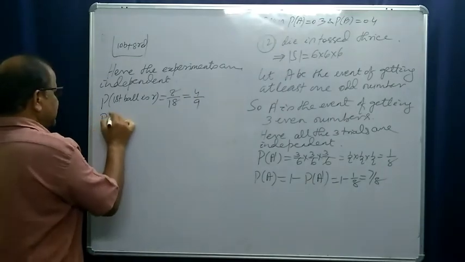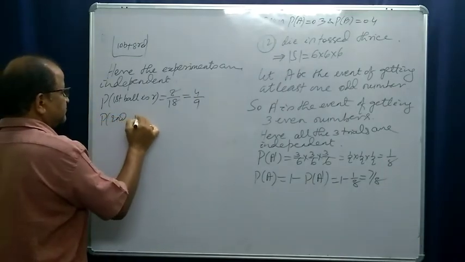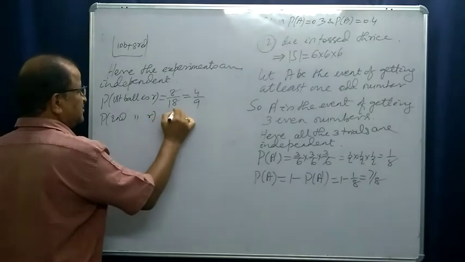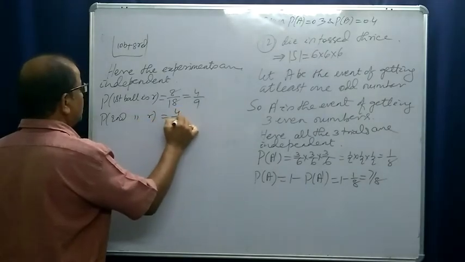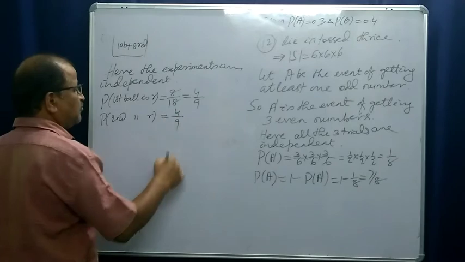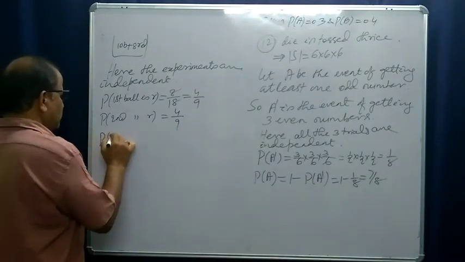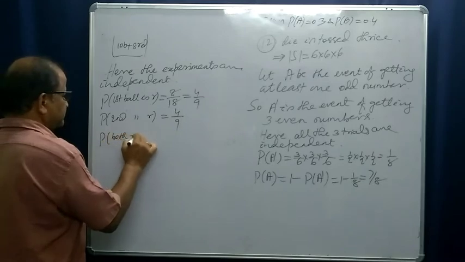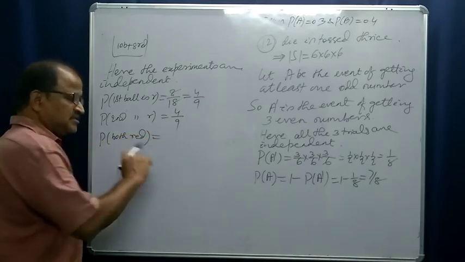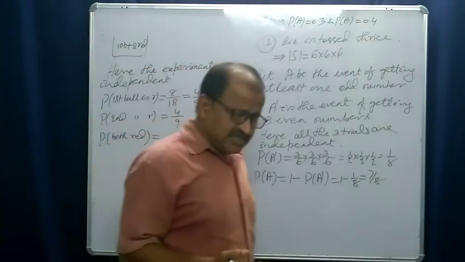Probability that the second ball is red is also 4 by 9. Probability that both are red: yes, as the two events are independent.